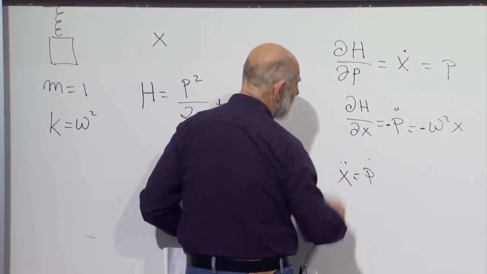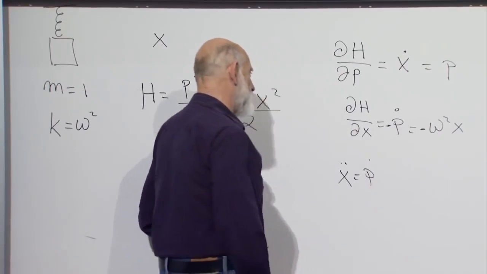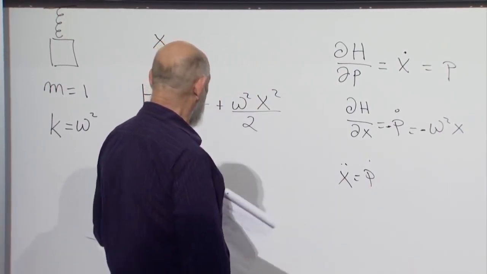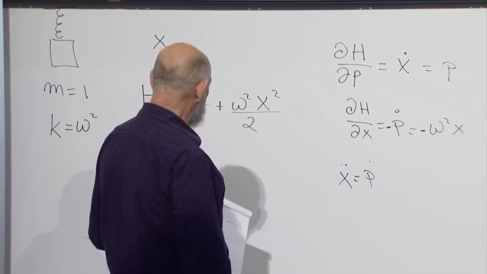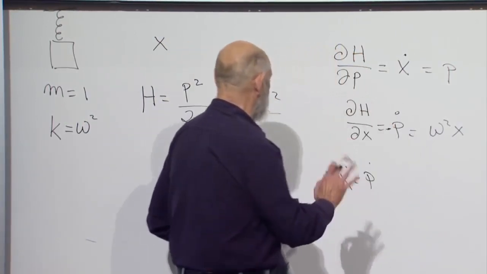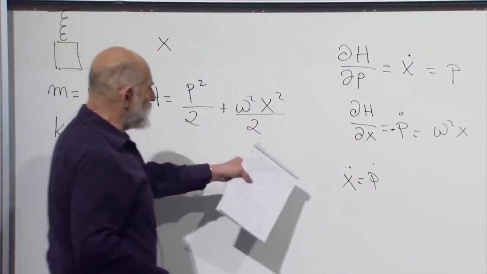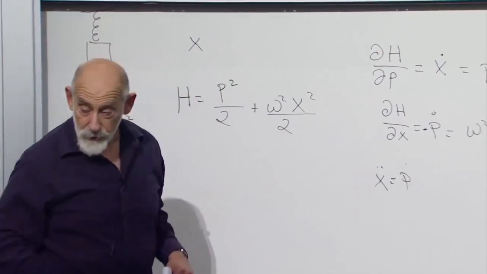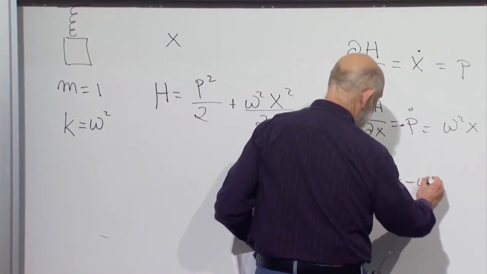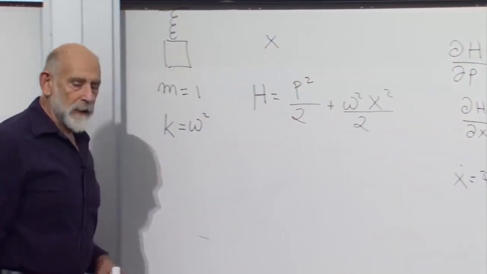That's p dot. Do I have the sign wrong here? dH by dx equals minus p dot equals plus omega squared x. So x double dot is equal to minus omega squared x. x double dot is minus omega squared x.